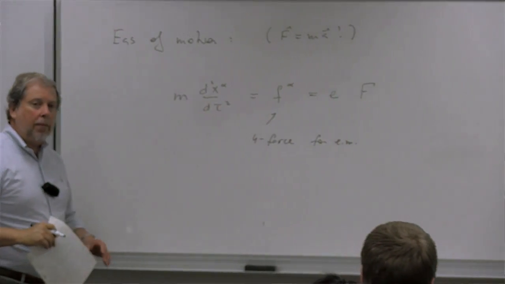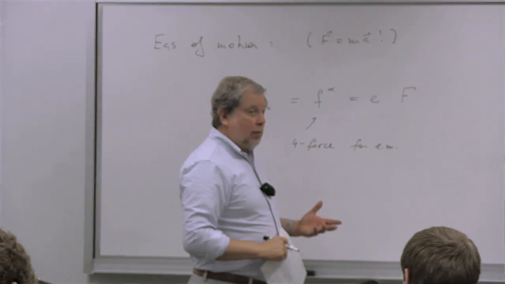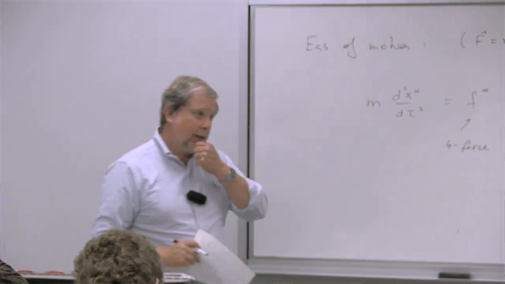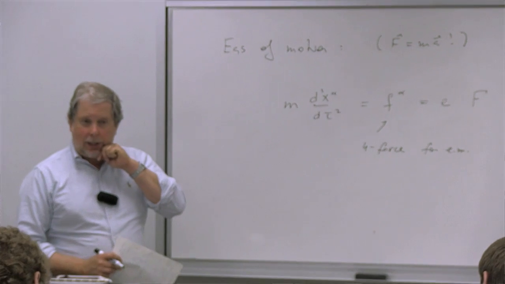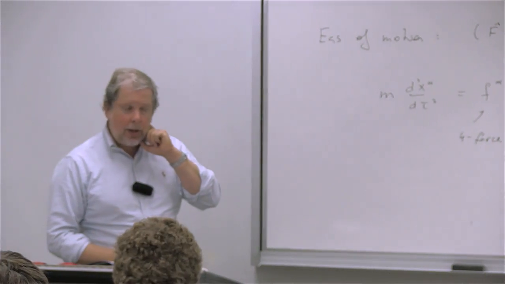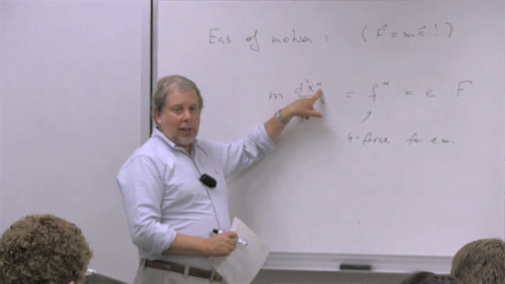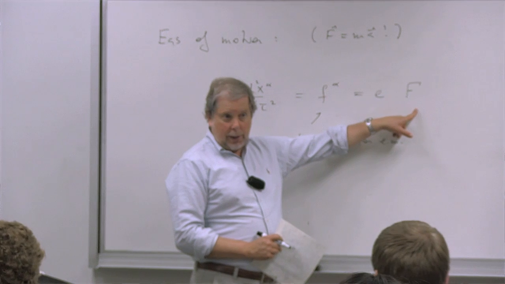The other thing that we do remember is that in electromagnetism, of course, the relevant force is the Lorentz force, which describes the interaction of a particle with electric and magnetic fields. And we know that that involves the velocity, right? So the velocity has to appear somewhere on the right-hand side. The other thing that we do notice is that there is a single index here, whereas this object has 2 indices, right?